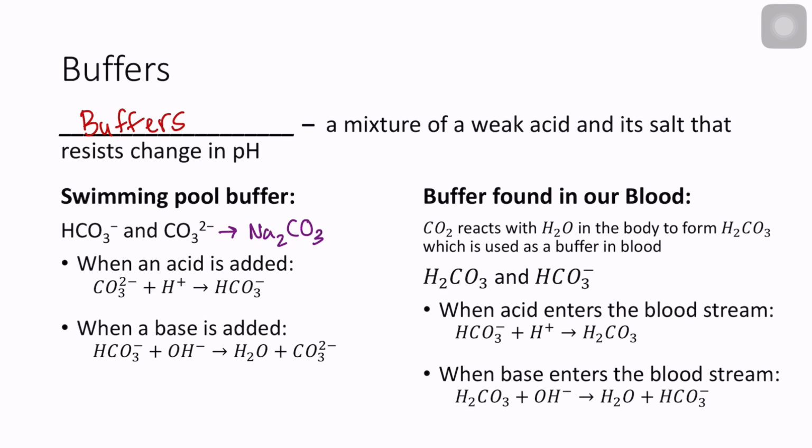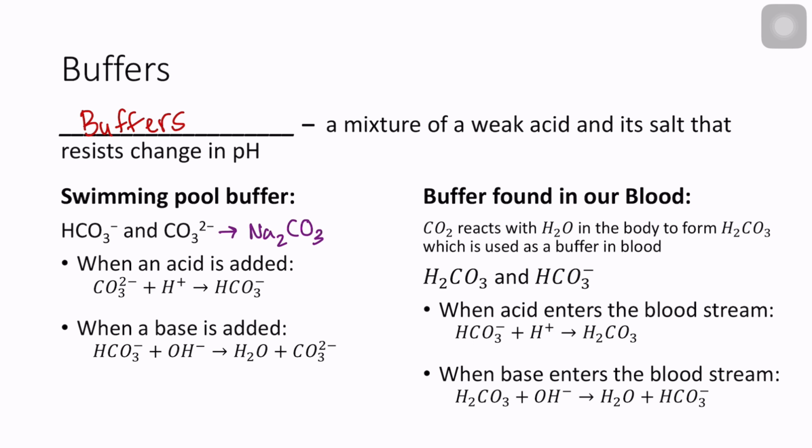Our blood has a very specific pH, and there's really no room for change, right? When I say no room, there's slight room. The pH of most people's blood is around 7.4, and if it drops below 7 or above 7.8, then bad things can start happening. So it's very important that we have buffers within our blood.